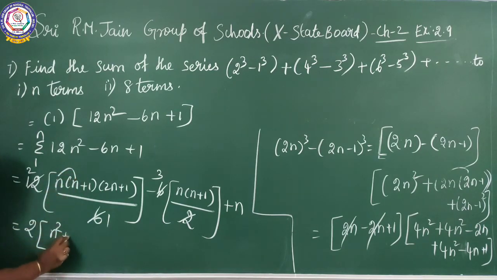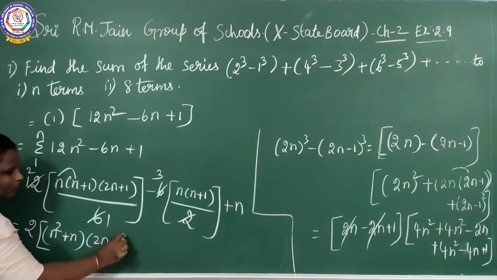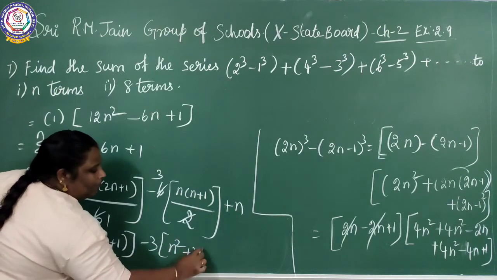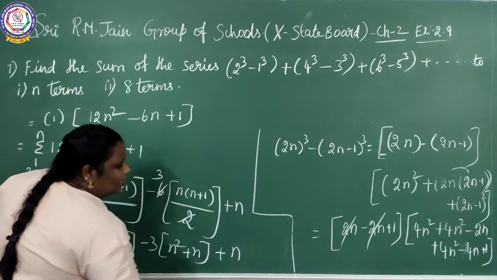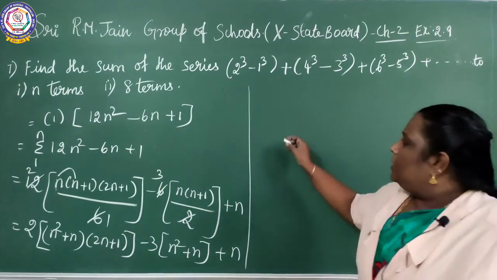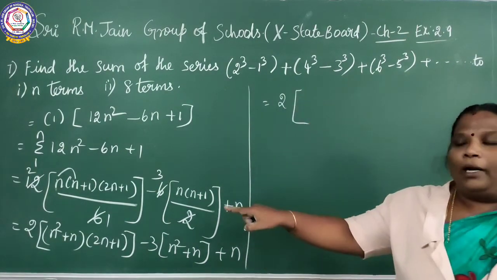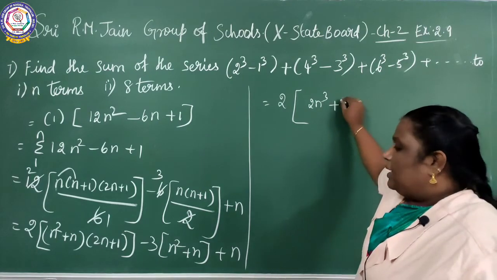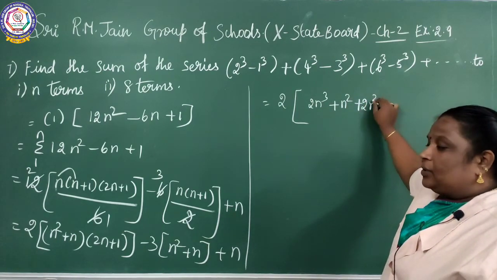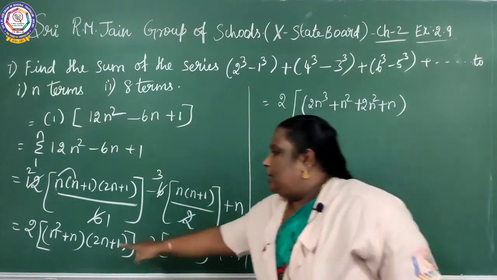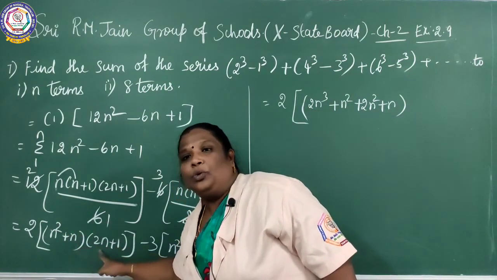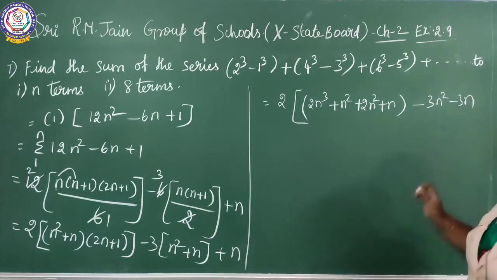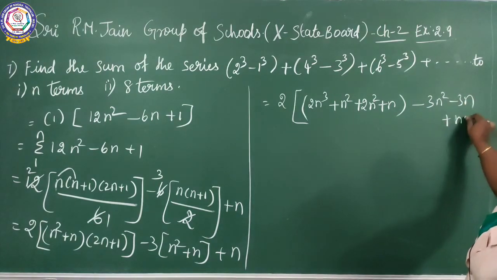It gives 2 into, first you can multiply n square into 2n, it's nothing but 2n cube plus n square plus 2n square plus n, minus 3n square minus 3n plus n.